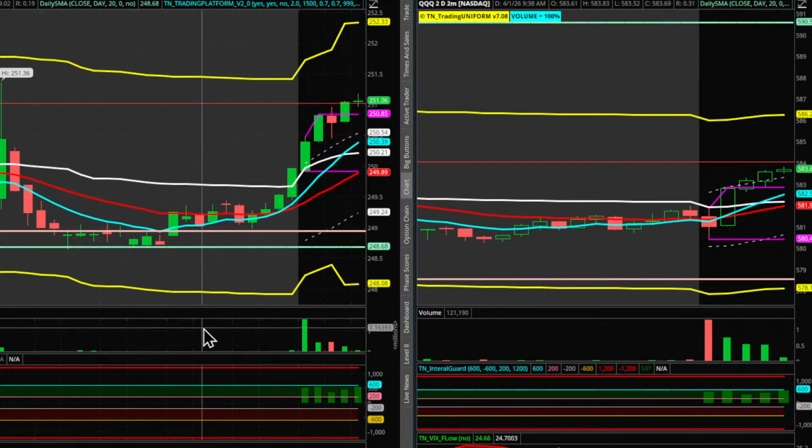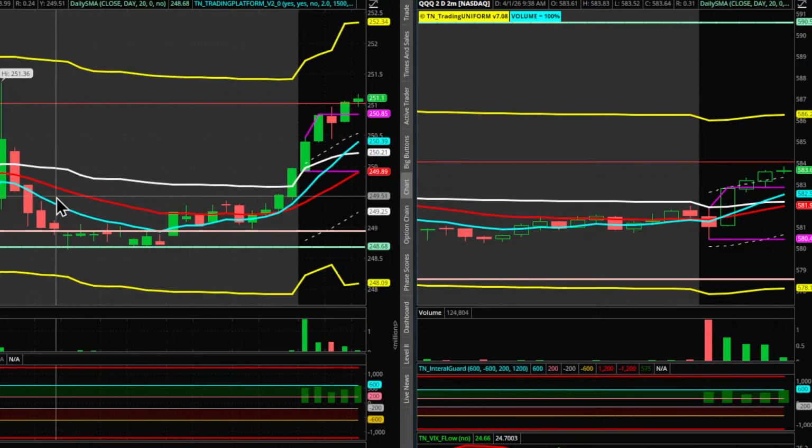Looking at my trading history, the first trade of the day is usually really bad. I tend to lose 60 or 70% of the time on the first trade.